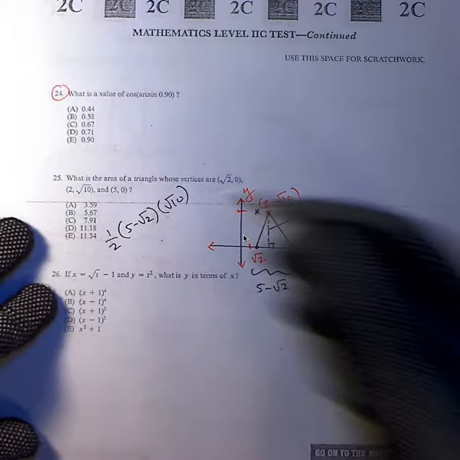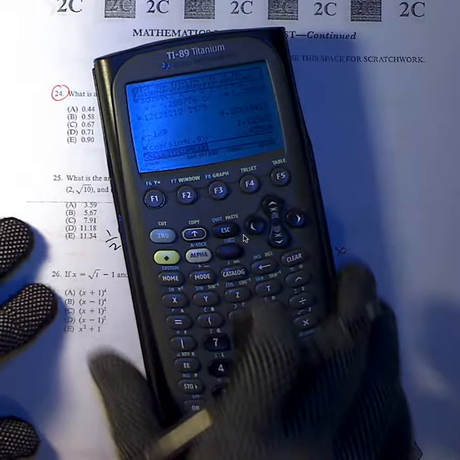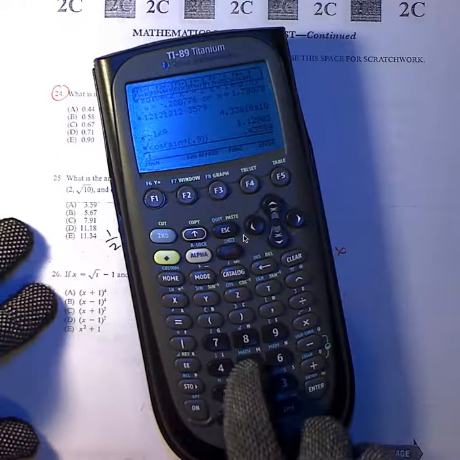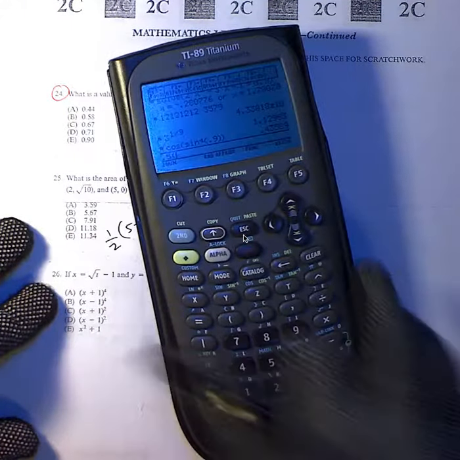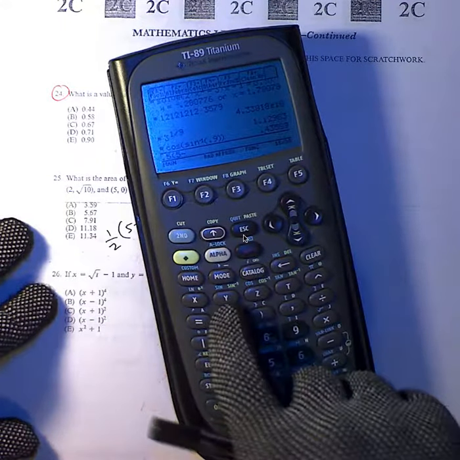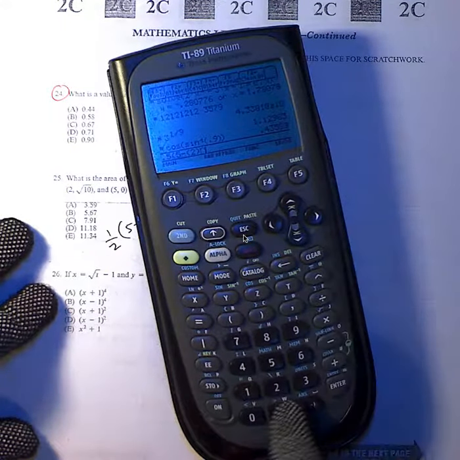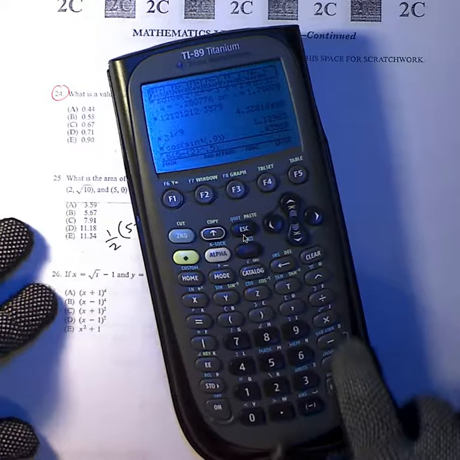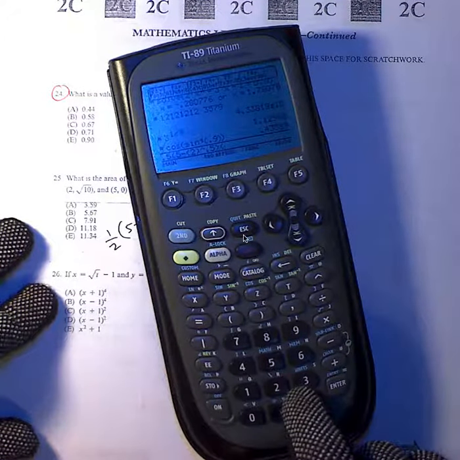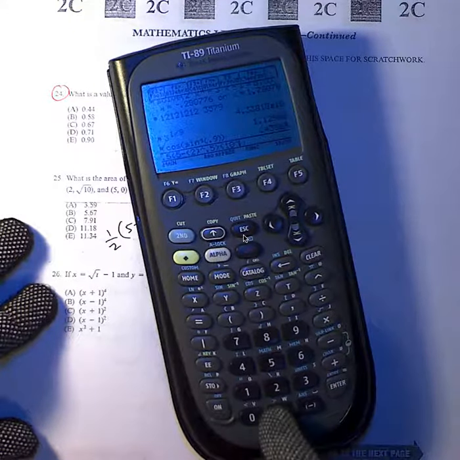That's all stuff I'll type into the calculator, so 0.5 for 1/2 times 5 minus 2 to the 0.5 power, and then times 10 to the 0.5 power.